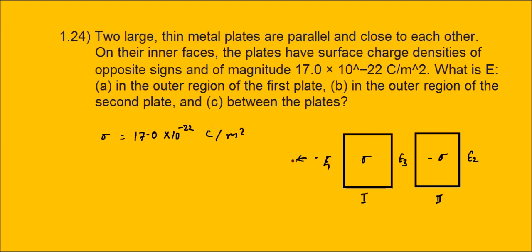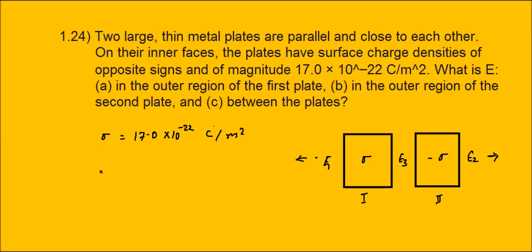The charge in the second plate is negative, so the direction of electric field due to it will be in this direction. So the two electric fields at the same point are opposite to each other.